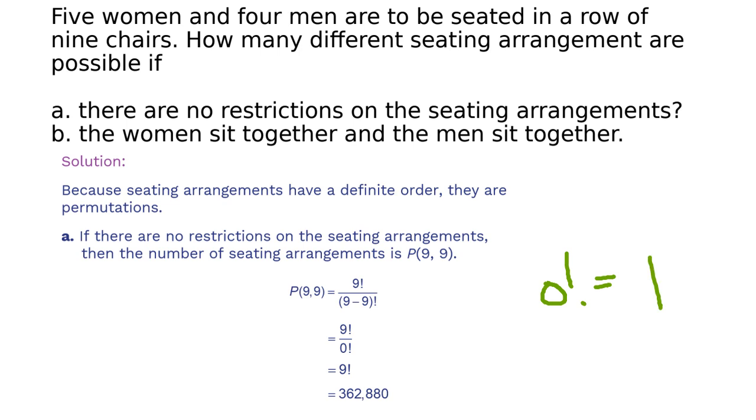Okay. So we end up with 9 factorial. If you do the shortcut, then 9 and 9 just tells you to do 9 times 8 all the way to number 1.